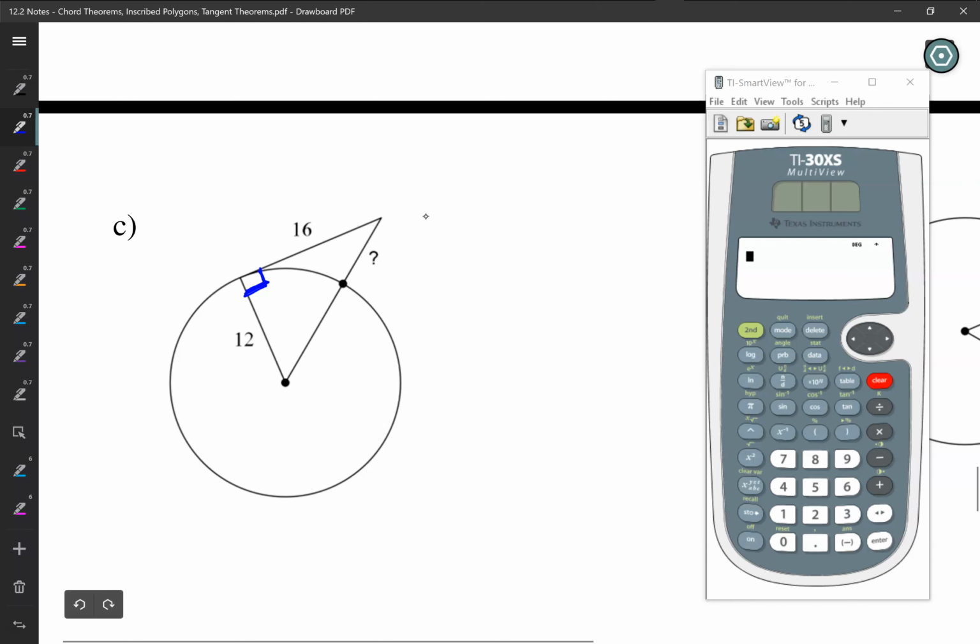Well, that means that this whole thing is the hypotenuse. The thing is, the Pythagorean theorem is not going to give me the question mark. The Pythagorean theorem will give me the hypotenuse. So I am going to call the hypotenuse y.